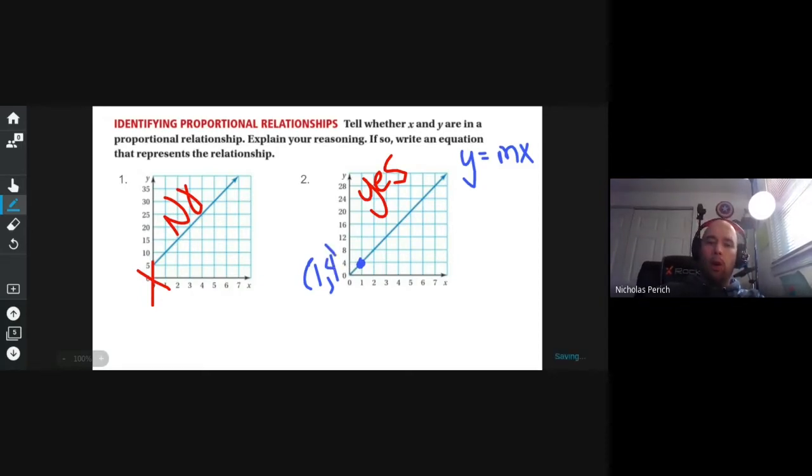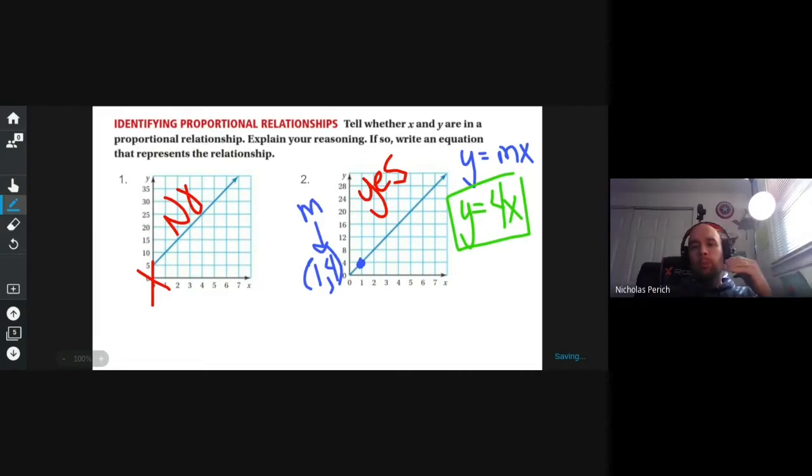So 4, this is the point (1, 4), because when x is 1, y is 4. And so 4 is your m. So my equation is rewriting y equals mx, but instead of m, putting 4. My equation is y equals 4x. Tricky, tricky, tricky.